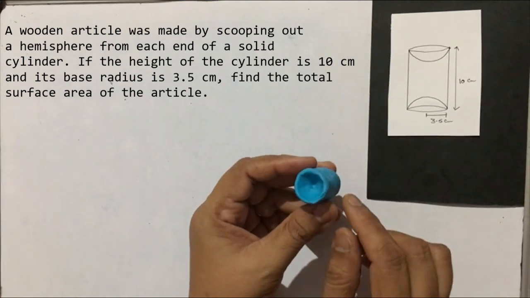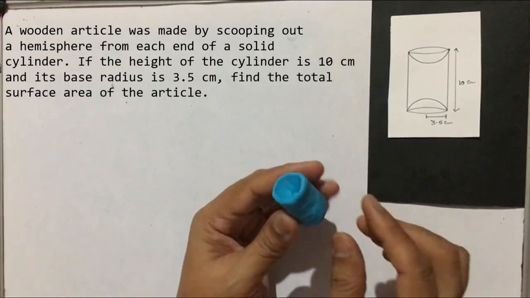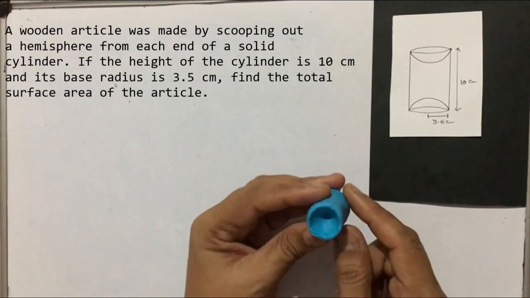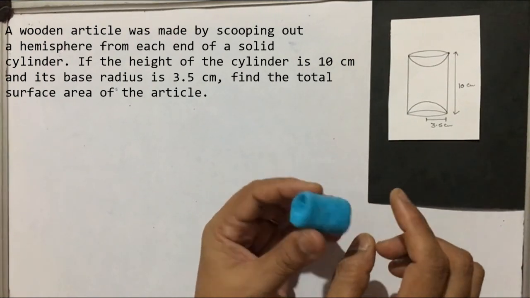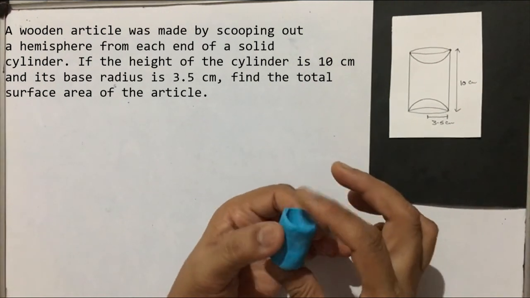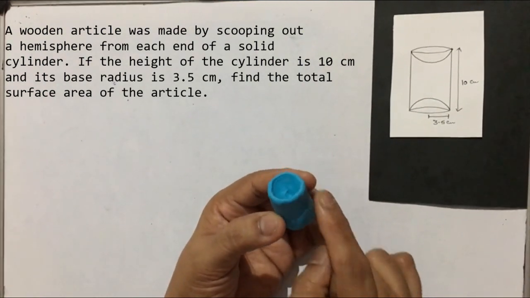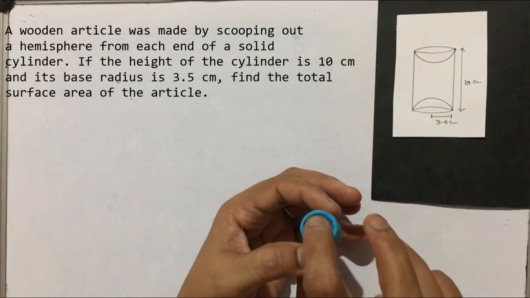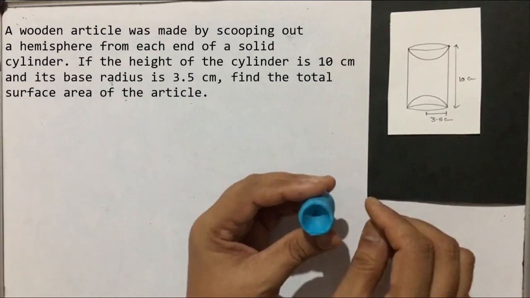So they are asking for the total surface area of this article. It means what is visible here: the CSA of the cylinder plus the CSA of a hemisphere plus one more CSA of a hemisphere. It means we can write the CSA of a cylinder plus 2 times the CSA of a hemisphere to find the total surface area of this article.